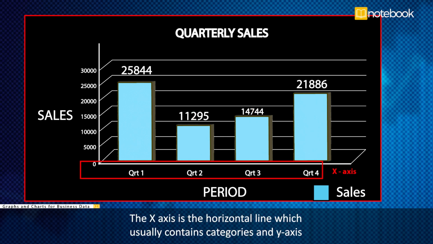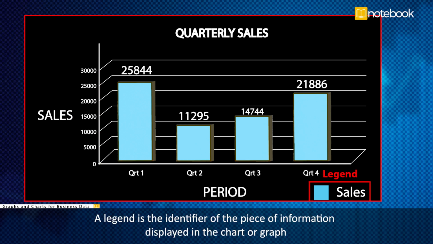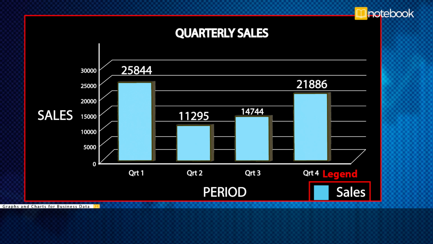The x-axis is the horizontal line which usually contains categories and y-axis is usually the vertical line which contains data. A legend is the identifier of the piece of information displayed in the chart or graph.